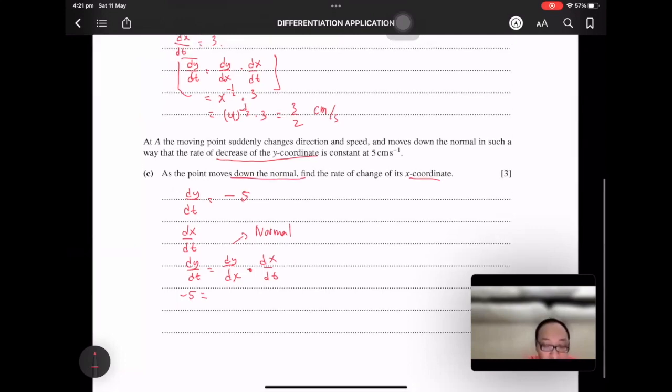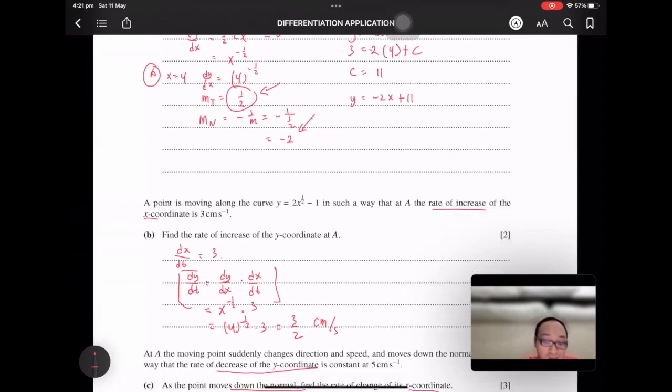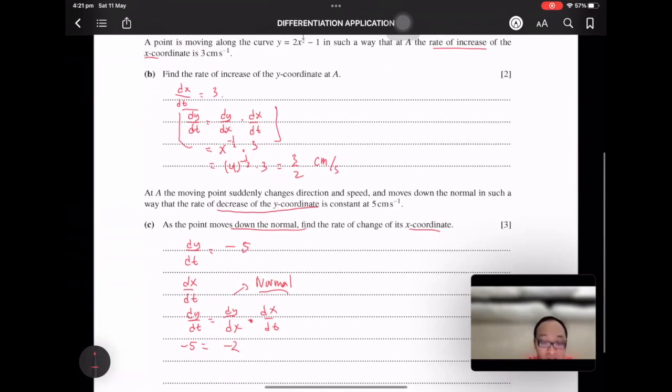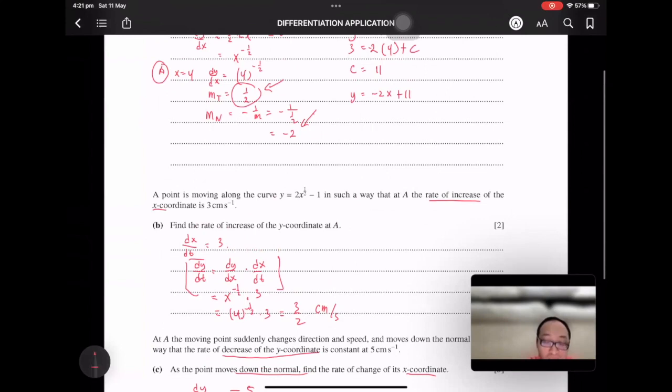At point A, the gradient of the normal is negative 2. So here, since this is a normal, we use negative 2 instead of half, because half is the dy/dx at A for the tangent, for the curve.